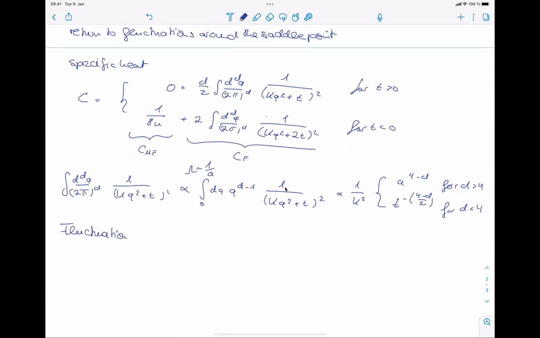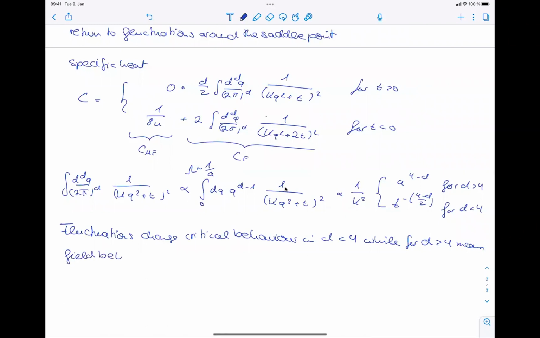And so we learn that fluctuations change the critical behavior in d smaller than 4 dimensions, while for d bigger than 4, mean field behavior is qualitatively right.